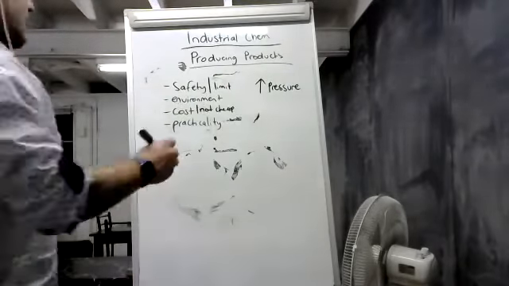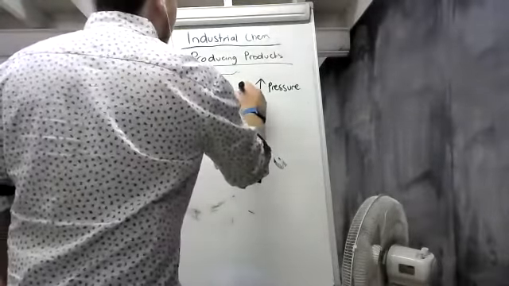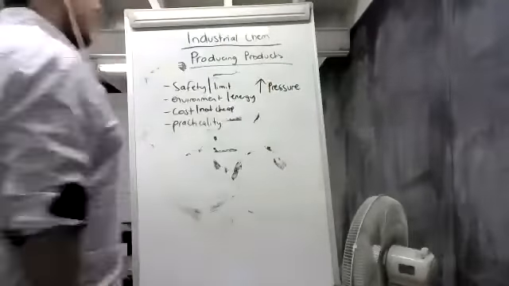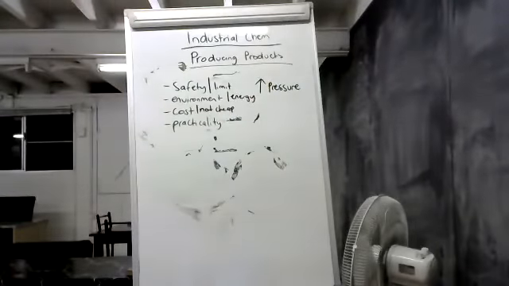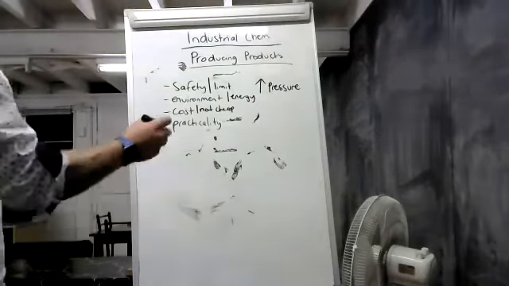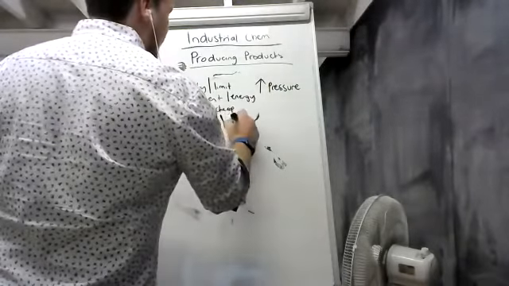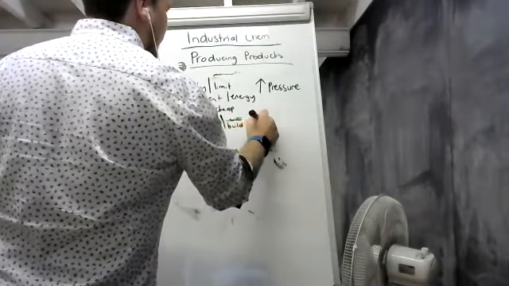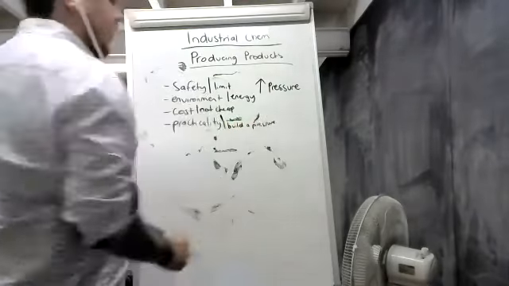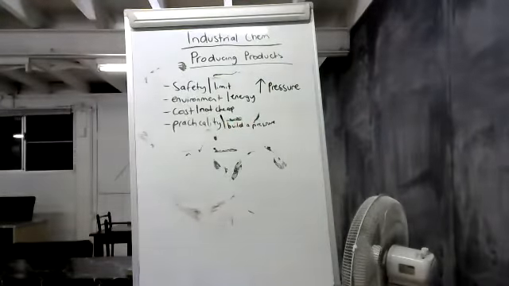It uses a lot of energy, so it's not good for the environment. It's not practical to build a pressure chamber that can withstand 1 million atmospheres of pressure just to make ammonia.